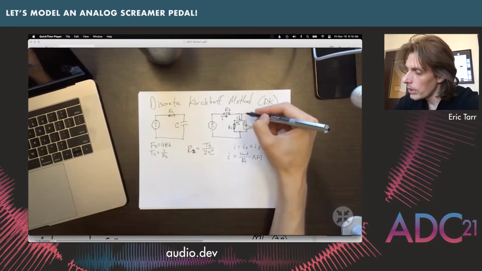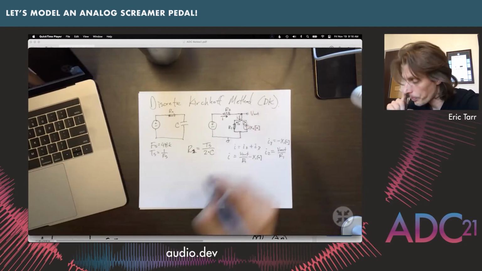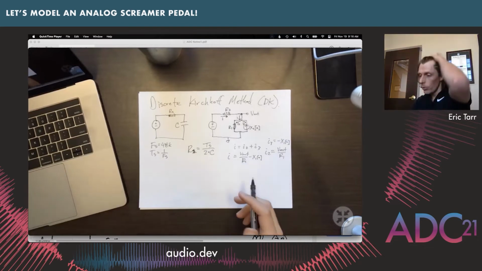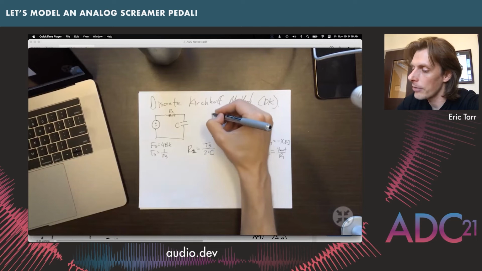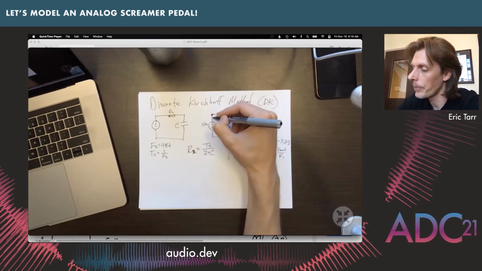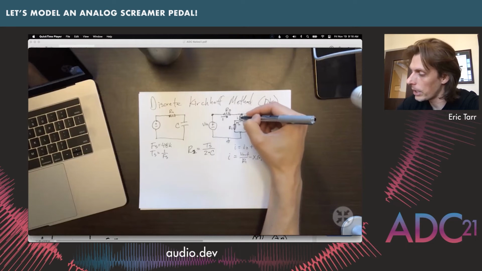Okay, so this describes the current that's flowing from this node here down to our ground, and we'll use that as part of our analysis where we have this node over here from V in, and we can write the current going this way has to be equal to the current going this way.